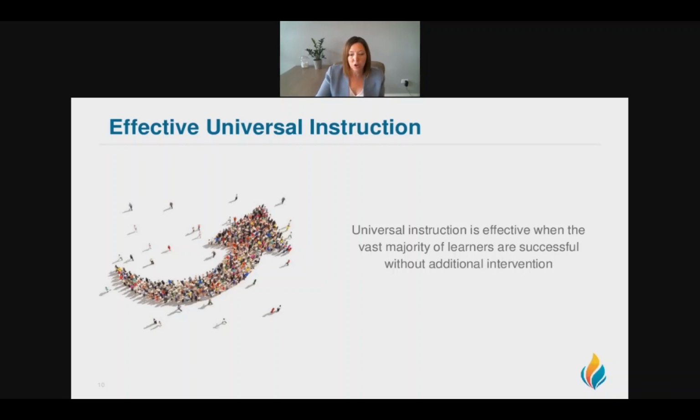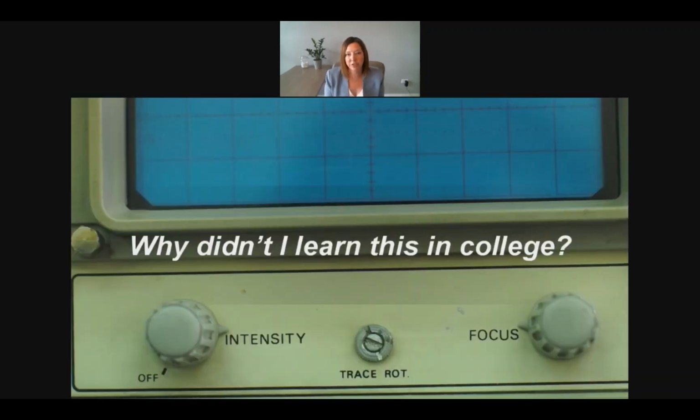And so when we think about an effective universal tier, things that I've learned since I was in college many moons ago, is that not one set of curricular materials, not one set of instructional strategies, not one set of schedules for a building will work universally.